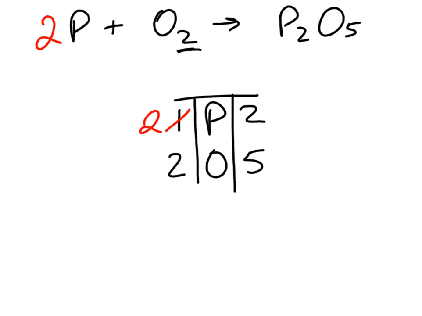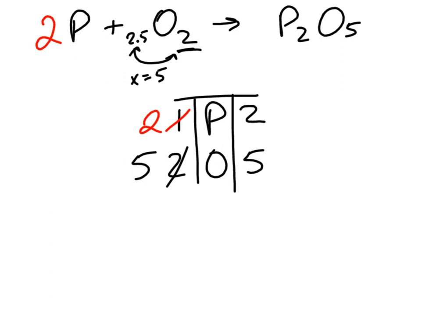So this is one way to do this. If I went to 2.5, that means 2.5 times 2 gives me 5 oxygen on both sides, because 2.5 times 2 is going to equal 5.